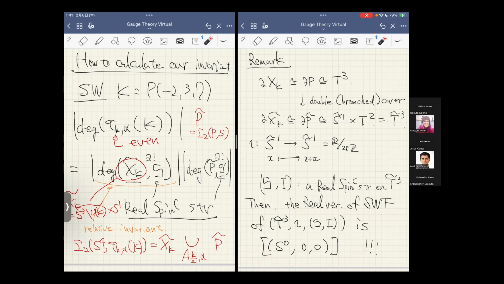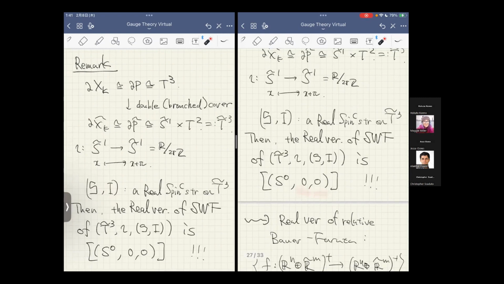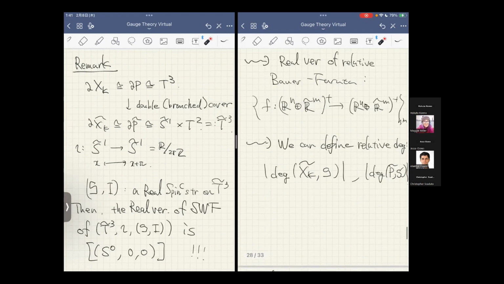That is, there is only one reducible solution, and its linearization is invertible, and the eta invariant equals 0, so that we have the real version of the relative Bauer-Furuta invariant like this.